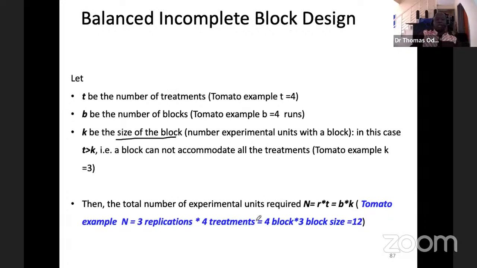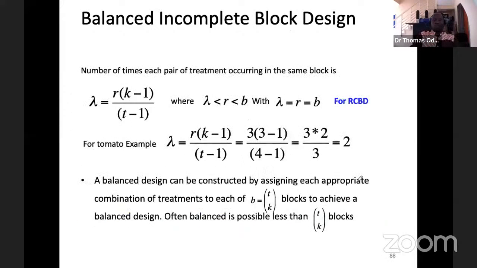To get the total number of experimental units required, you need to know how many treatments you have and how many times you want to replicate. That should also equal the block size times the number of blocks that you'll have. So in our case, we need 12 different experimental units, and that's why we had to run 4 times to get our 12 experimental units.